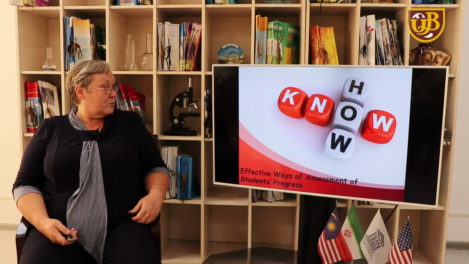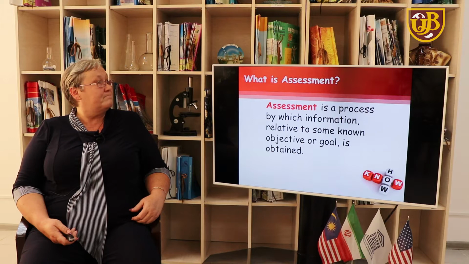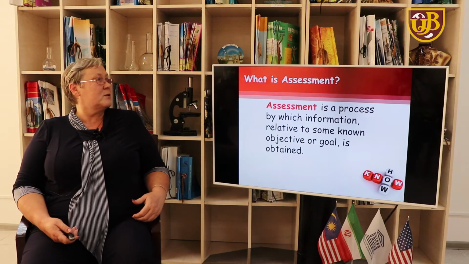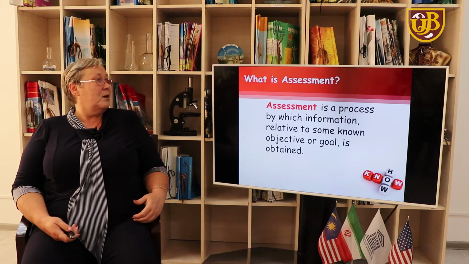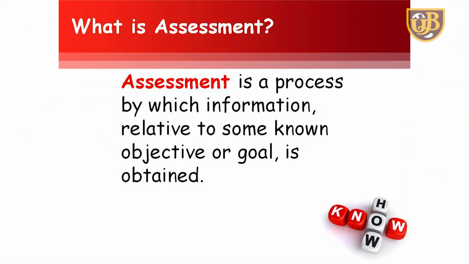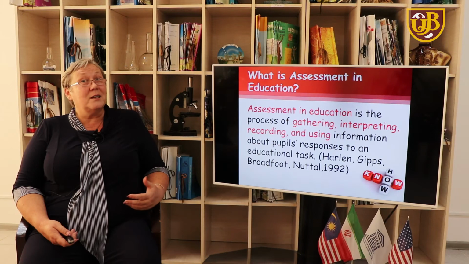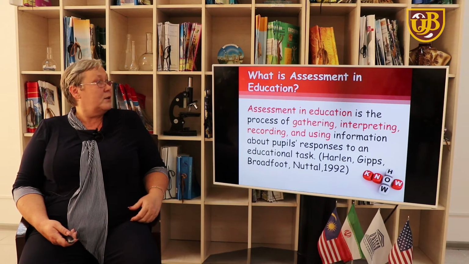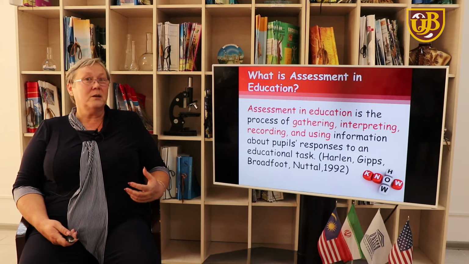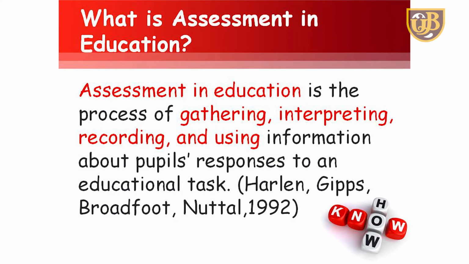So, effective ways of assessment of students' progress. What is assessment, first of all? Assessment is a process by which information relative to some known objectives or goal is obtained. What is assessment in education? It is the process of gathering, interpreting, recording, and using information about students' responses to an educational task.